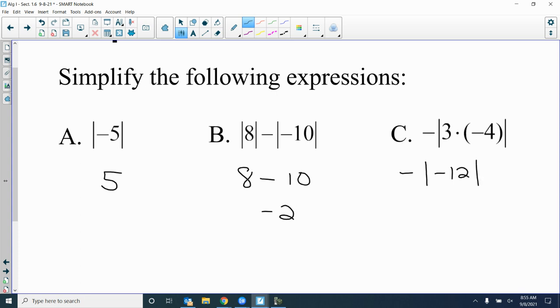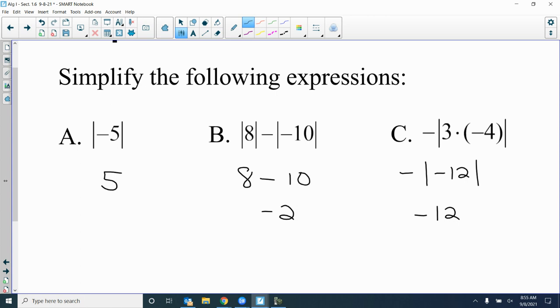This becomes the absolute value of -12. What's the absolute value of -12? 12. That negative is still on the outside. Should that go away? No, it has to stay there. So my final answer is going to be what? -12. Because that negative is outside that absolute value bar. You've got to watch that. Everything on the inside, though, will become a +12. That negative comes down. Absolute value of -5 is 5. So you've got to know that.